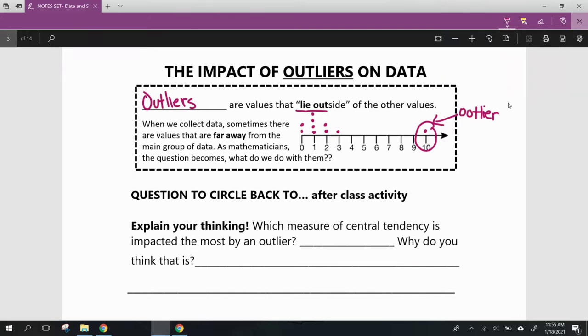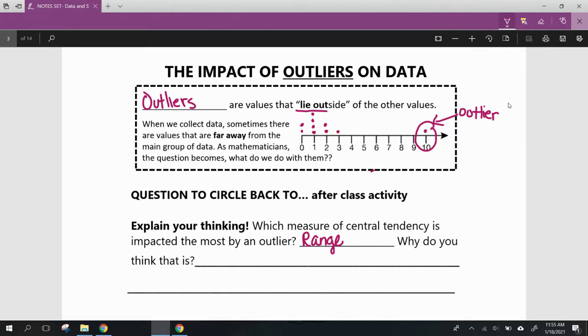Think about it. Our range. Our range deals with our highest and lowest number. And that's not to say that our outlier doesn't potentially impact other measures of central tendency, but it has the potential to most impact our range, because our outlier greatly impacts our highest number or our lowest number.